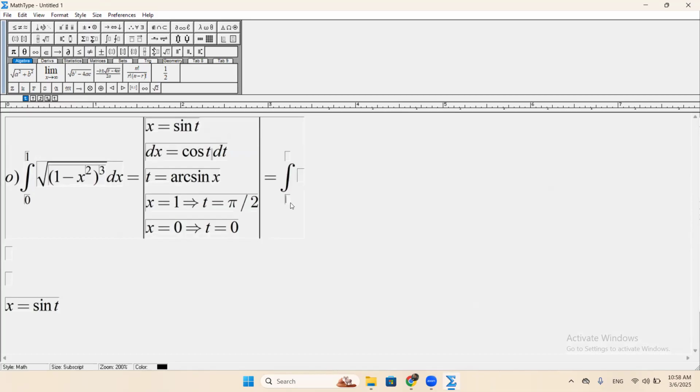So 1 minus x squared under the root gives us cosine to the power of 6, and multiplied by cosine of t dt.